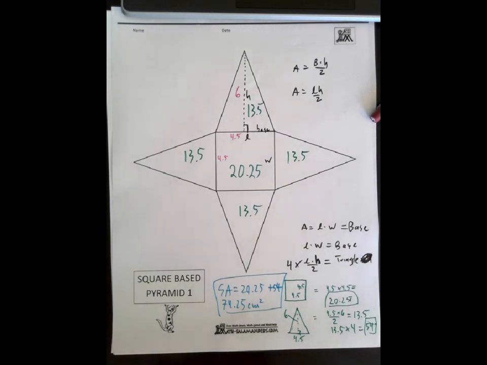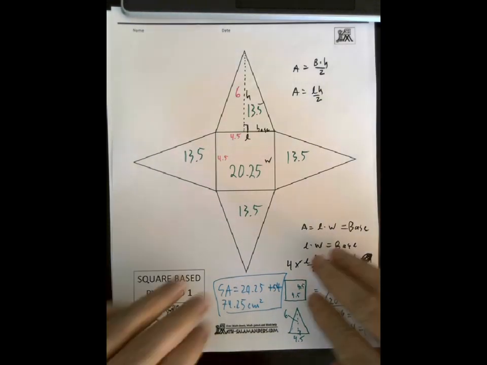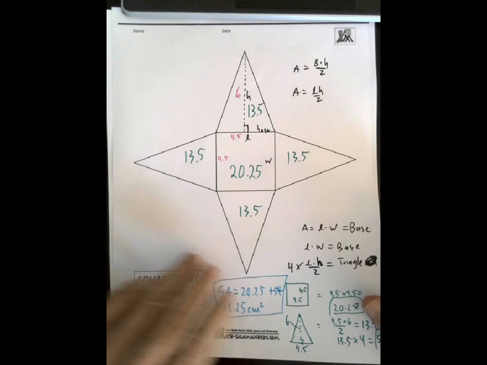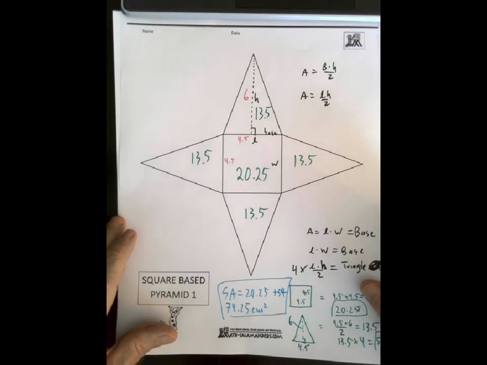So for surface area, we always use square units. Okay, so that's how we find the surface area of a pyramid.